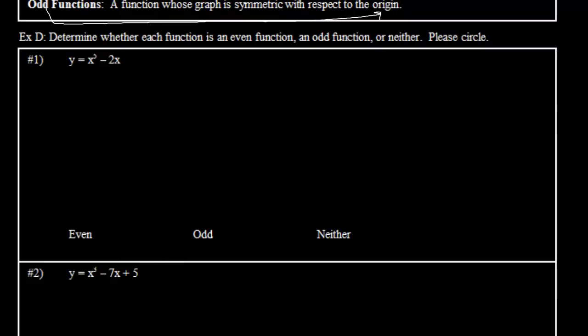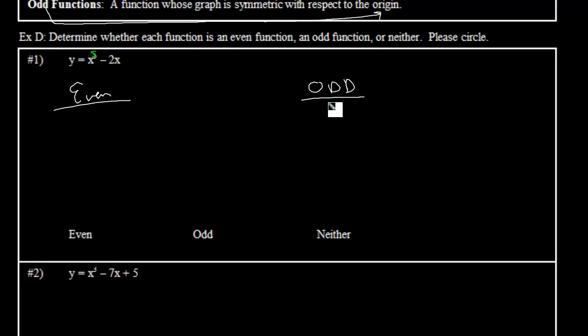So problem number 1, just to determine if it's even or odd. And you'll notice here this is y equals x to the 5th. That's what it's supposed to be. When I imported this, it got a little bit funky. Y equals x to the 5th minus 2x. So you're supposed to determine, is it even or is it odd?